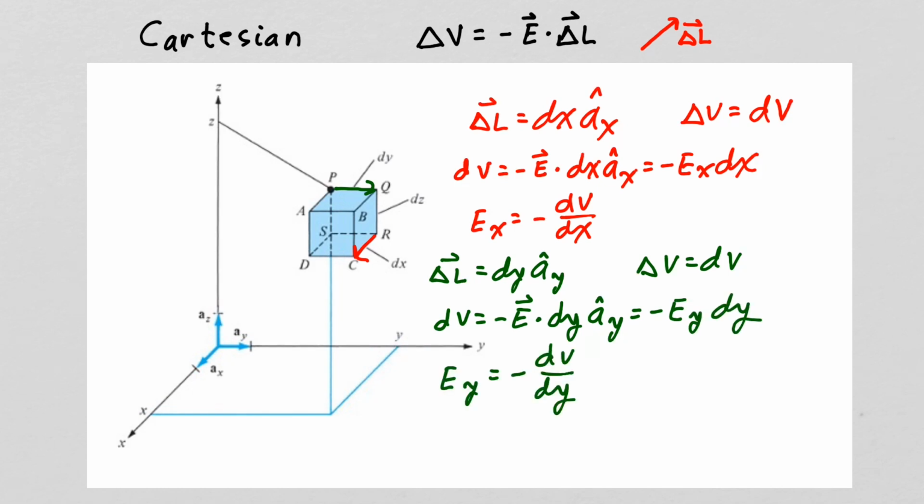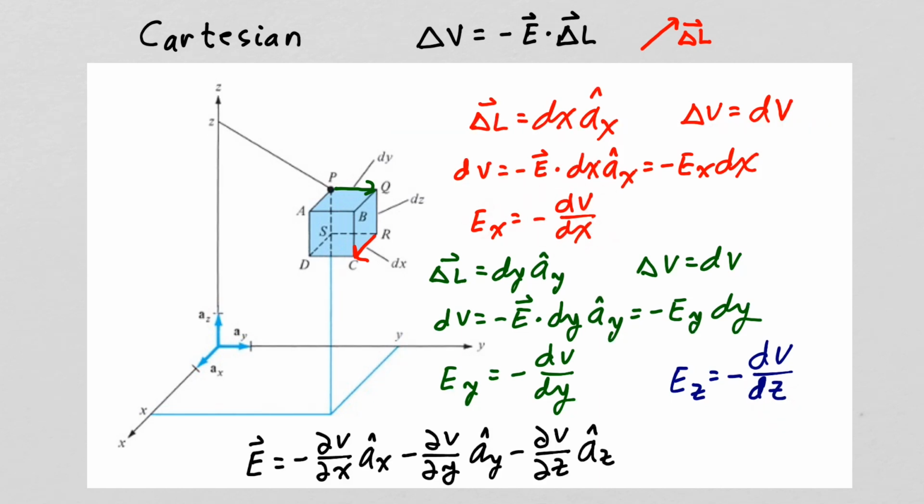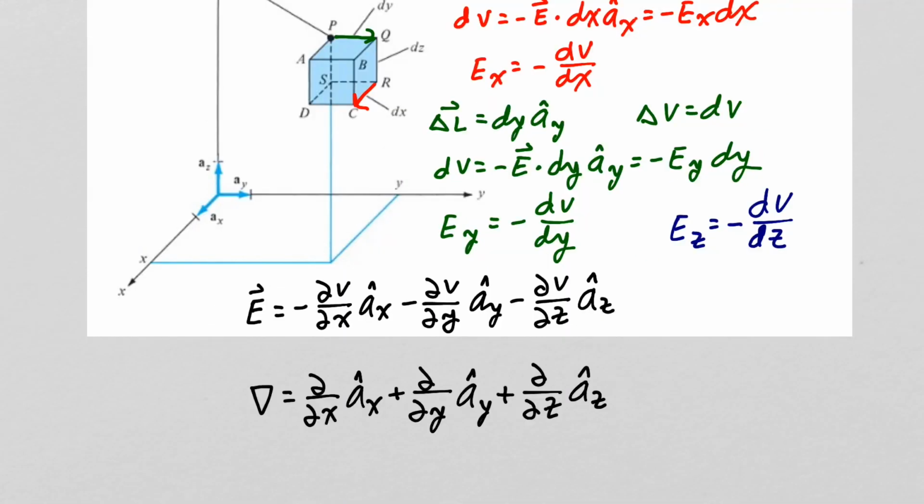Similarly, E sub z is equal to minus dV dz. Now that we have the three components, we can write the equation for finding the electric field intensity from the potential field. Recalling the form of our del operator, we can see why we write the gradient of the potential as del V.